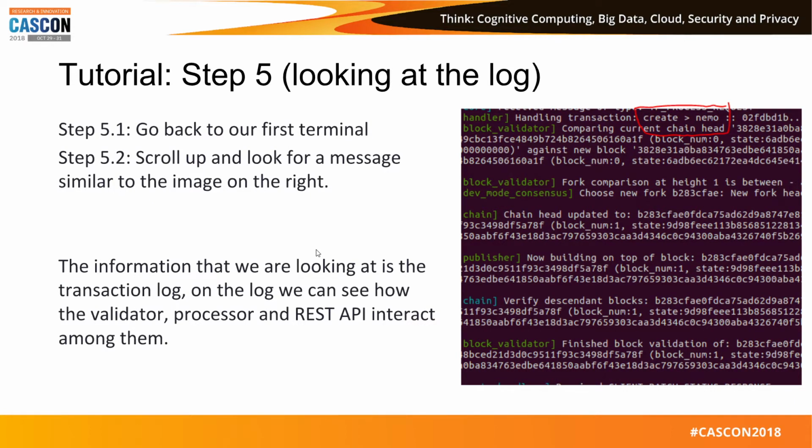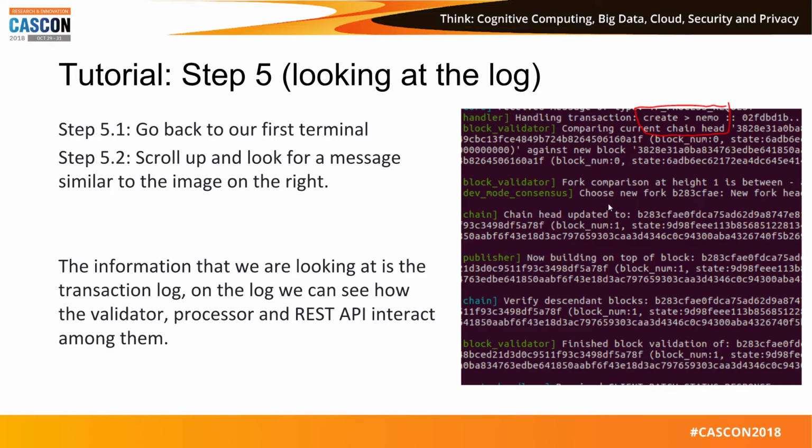Okay, now let's go to our first terminal, and that terminal is like a log for all the transactions and all the operations that we're doing on Sawtooth. The terminal has a lot of events, a lot of messages, but I want you to try to find the transaction that you can see on the upper part of the image on the right.